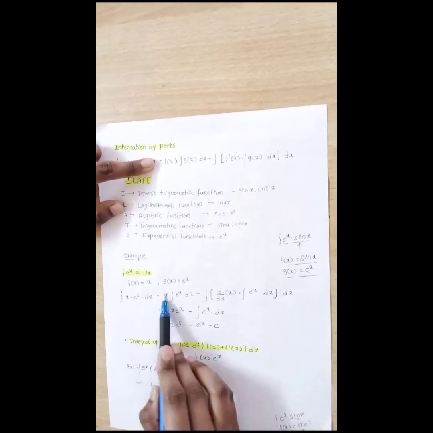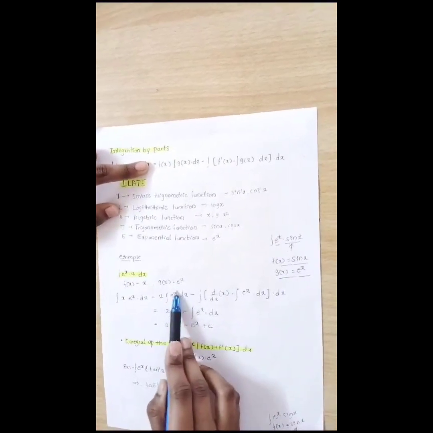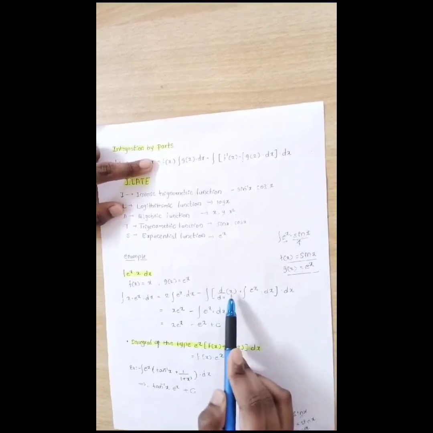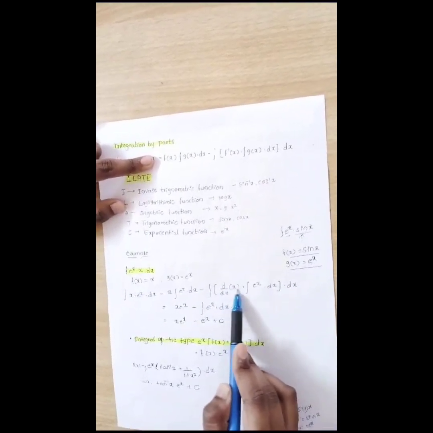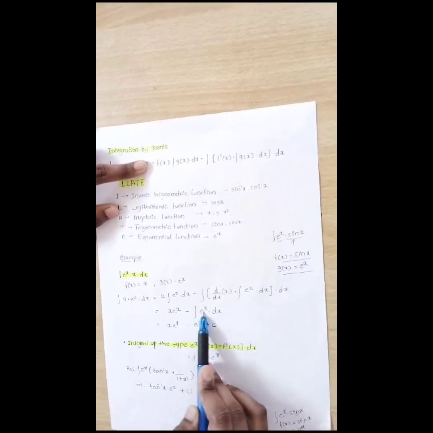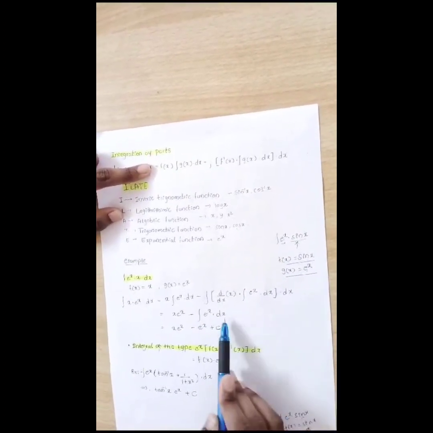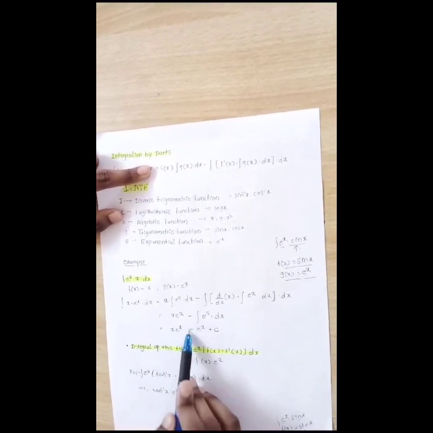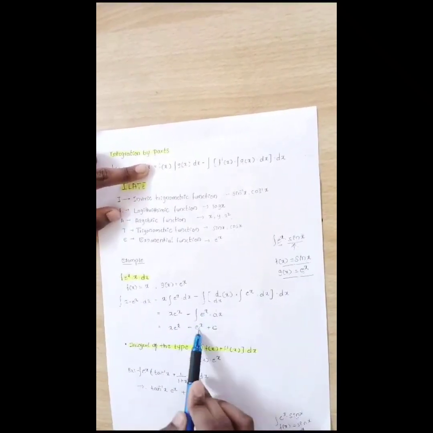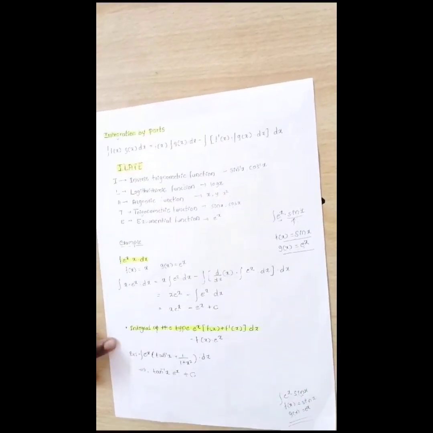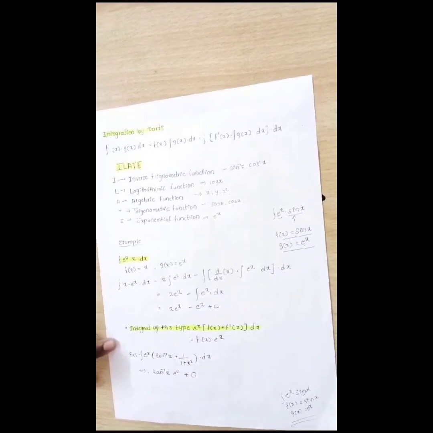So here x as it is, the integration of e raised to x is e raised to x, minus, here the differentiation of x is 1 and the integration of e raised to x is e raised to x, and dx as it is. So the result is x into e raised to x minus the integration of e raised to x, which is e raised to x, plus c.